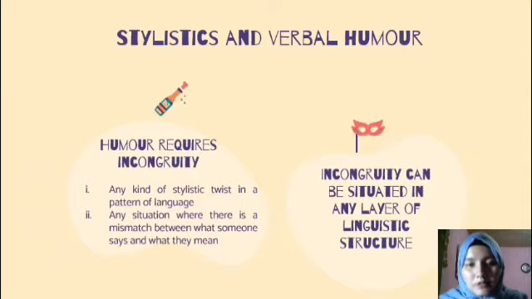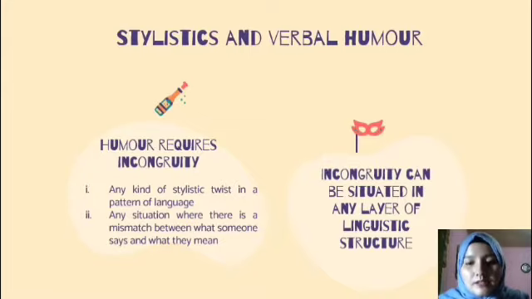Stylistic and verbal humor. There are two key theoretical principles that underpin the language of humor. The first one is that humor requires incongruity. It includes any kind of stylistic twist in a pattern of language and any situation where there is a mismatch between what someone says and what they mean.